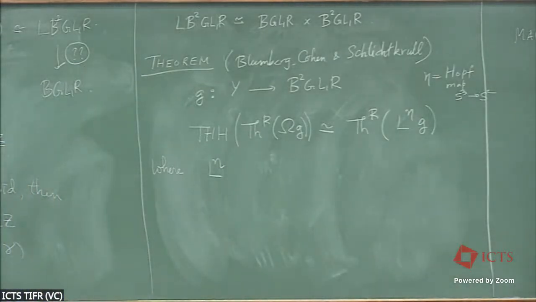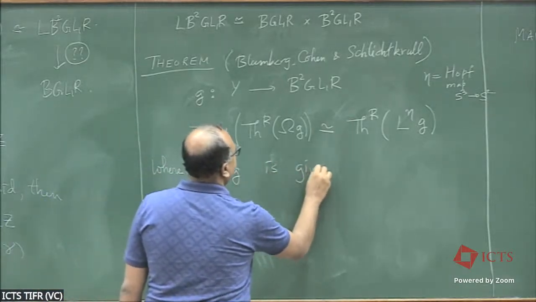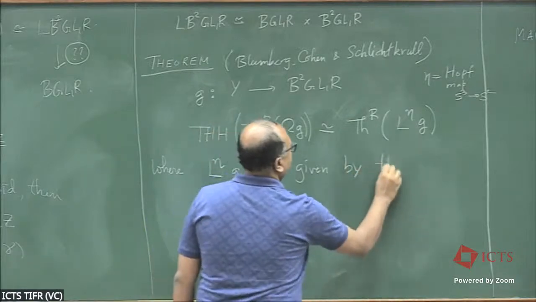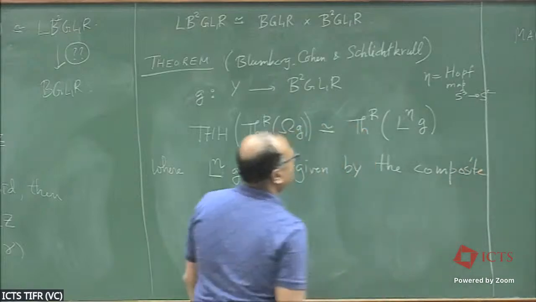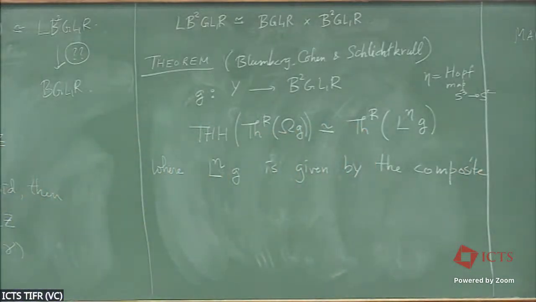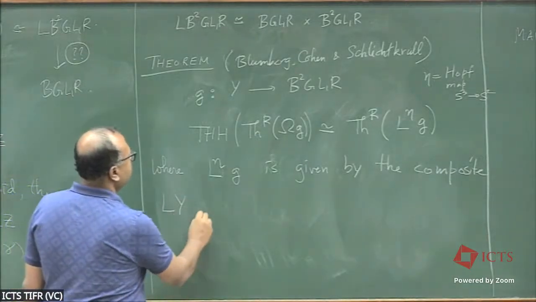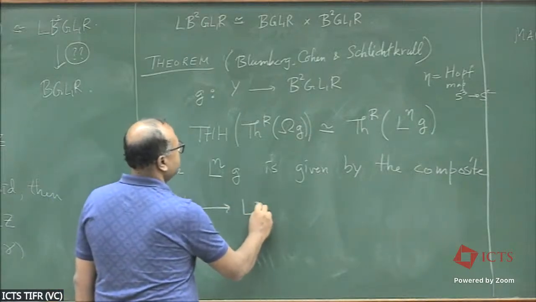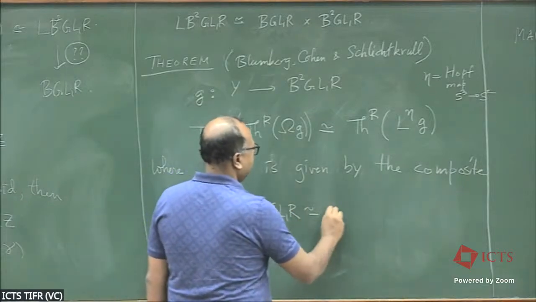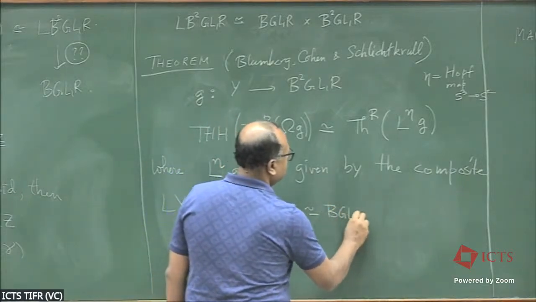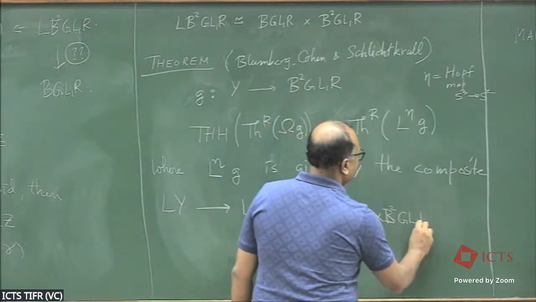Okay. So L eta g is given by the composite: free loop space of Y goes to free loop space of B square GL1R, which is equivalent to BGL1R cross B square GL1R.